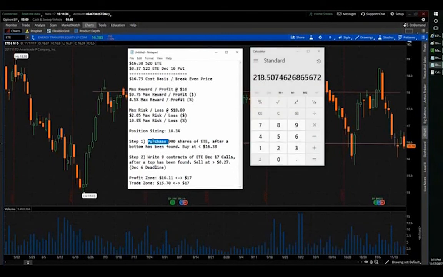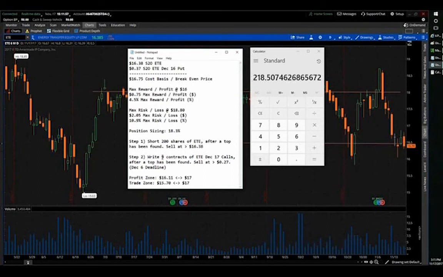So in this case, we would short 200 shares of ETA after a top has been found, and we want to sell at, remember, whenever we sell, we want to get a better price, greater price. Sell it greater than 16.38.